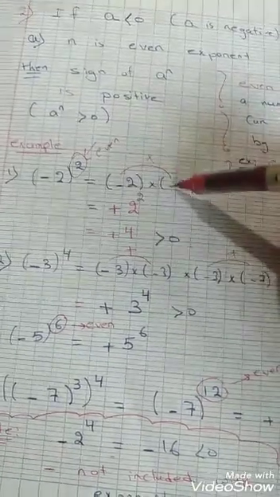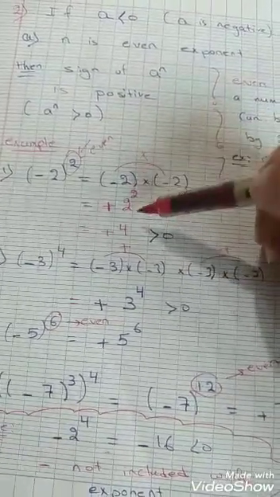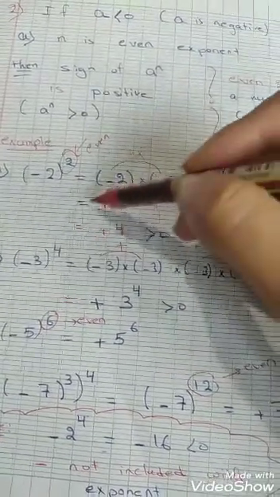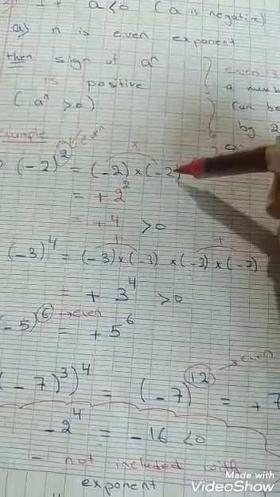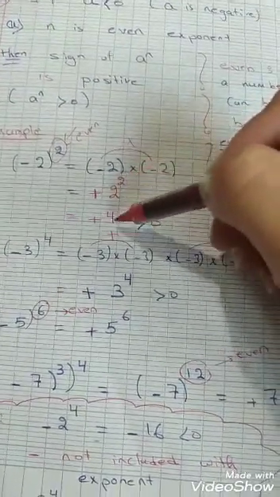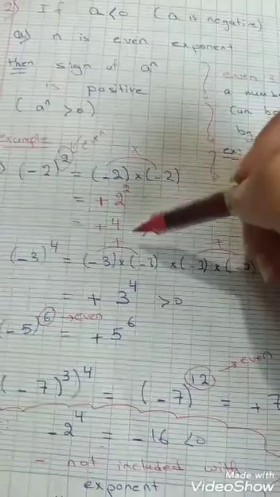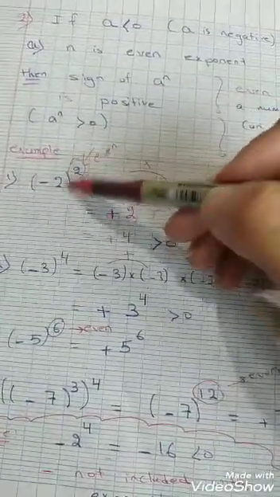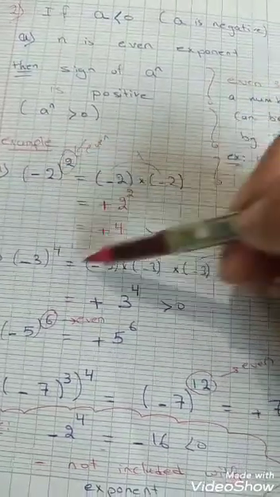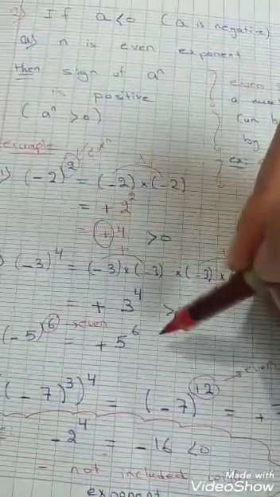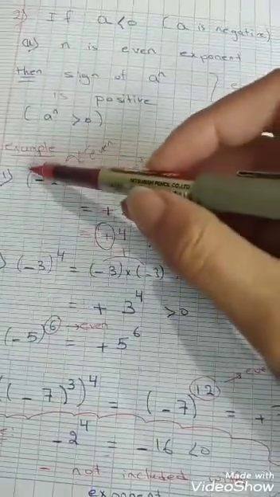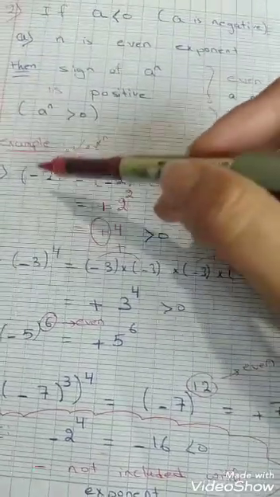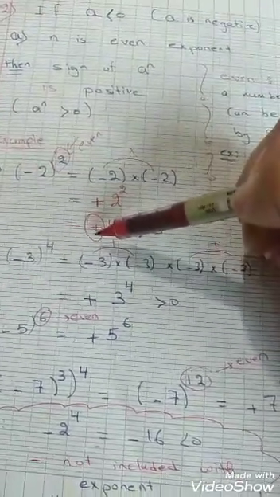First I multiply the signs: minus times minus gives plus. Then 2 times 2 gives plus 4, which is positive. So minus 2 to the exponent 2 gives a positive sign. When the base is negative and the exponent is even, the even exponent changes minus to plus.